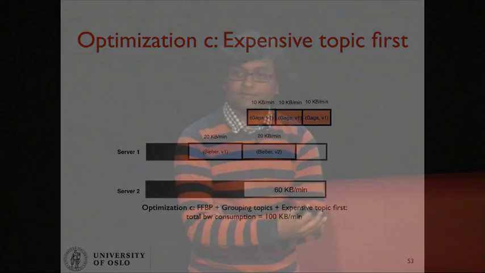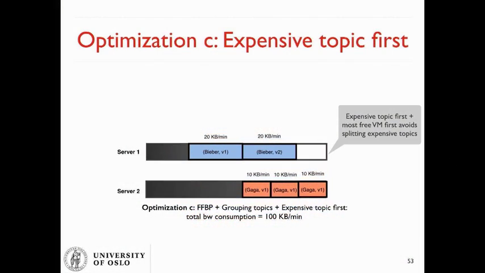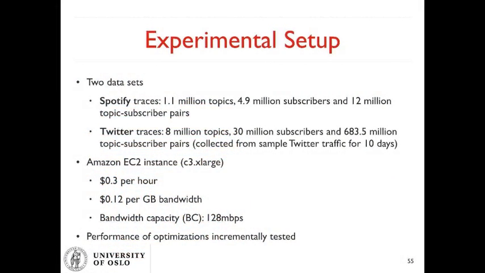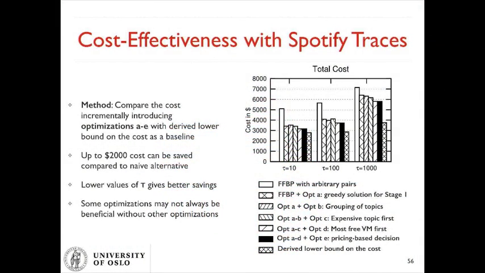Intuitively, it's a good match for expensive topics to go to the most available servers first, and in principle, it avoids splitting of subscribers across different servers. Basically, we show with Spotify and Twitter traces that we can have cost benefits, especially when we use the Amazon pricing model, in terms of number of VMs and the total bandwidth cost.